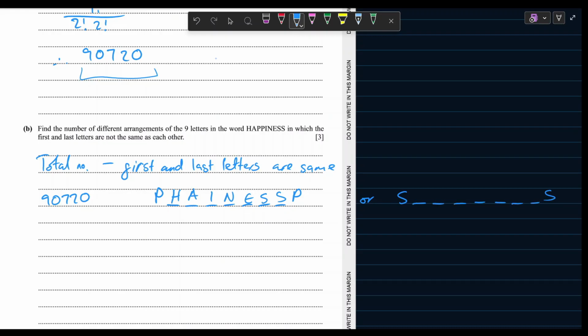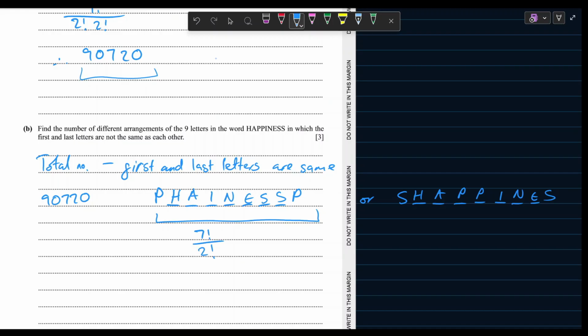And then we've got that H, A, P, P, I, N, E. And so for this scenario here, we've fixed the P on either end, so we're not rearranging them. We're just rearranging the letters in the middle. So there's 7 of them, so 7 factorial. And the S's appear twice, so 2 factorial.